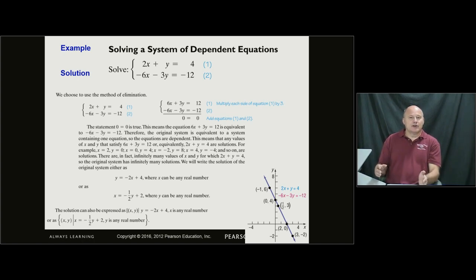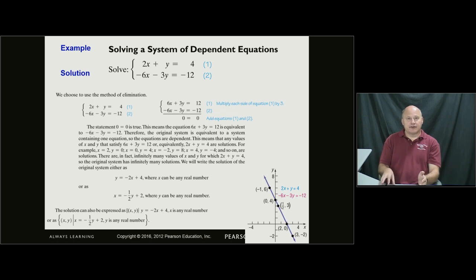That happens when you try to solve it by substitution or the elimination method and the numbers are different, like 0 equals -2. And then the last video turns out to be the same thing, except the numbers are the same. So the last two videos are similar in the process of getting the answer, but at the end, when you get two numbers that are different, you have inconsistent.